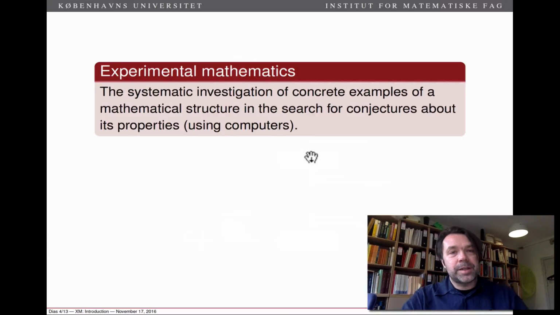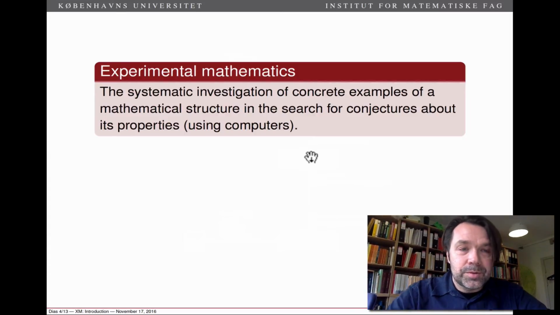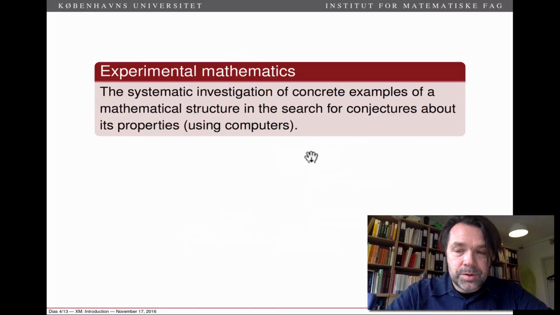So here's my definition of experimental mathematics: the systematic investigation of concrete examples of a mathematical structure in the search for conjectures about its properties, and then in parentheses, using computers. Because of course in a course like this one, and certainly in this day and age, computers are extremely important tools for doing experimental mathematics.